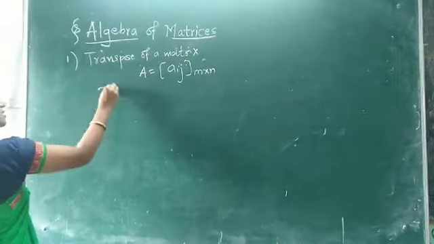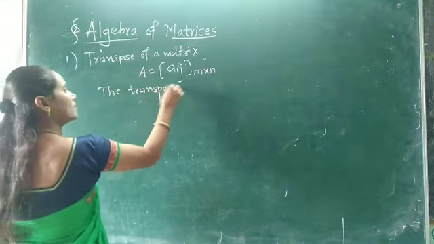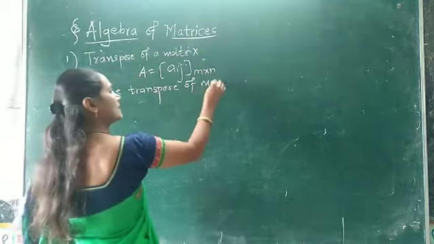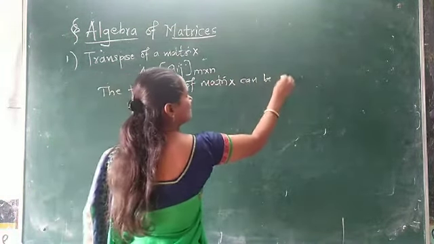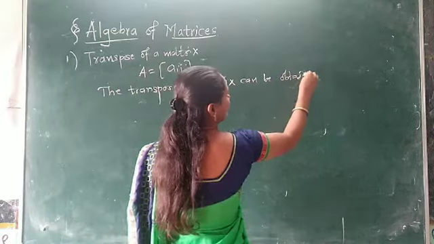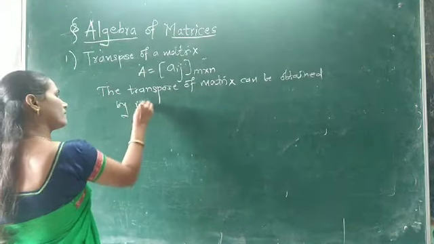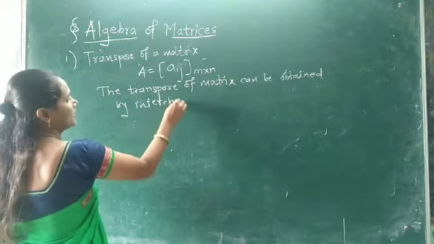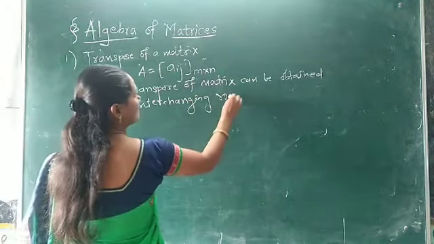So the transpose of a matrix can be obtained by interchanging rows and columns.